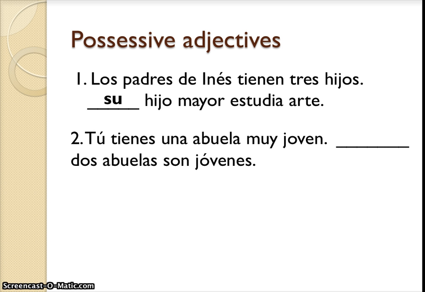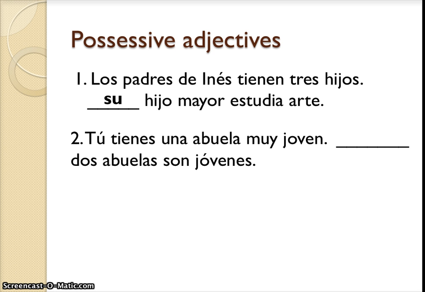Tú tienes una abuela muy joven. Blank, 2 abuelas son jóvenes. Alright. Tú tienes, you have, una abuela, a grandmother, muy joven, very young. Blank, 2 abuelas, 2 grandmas, son jóvenes, are young. Okay, so your 2 grandmothers are young.